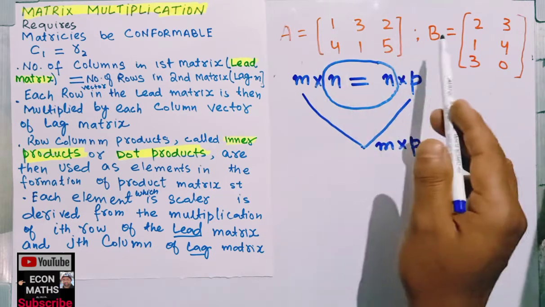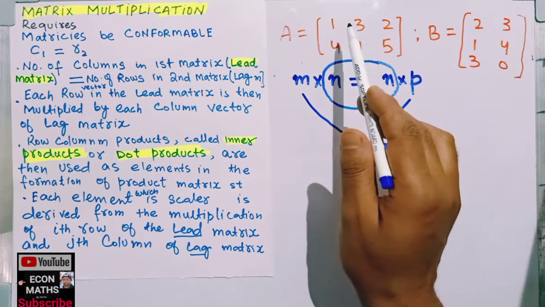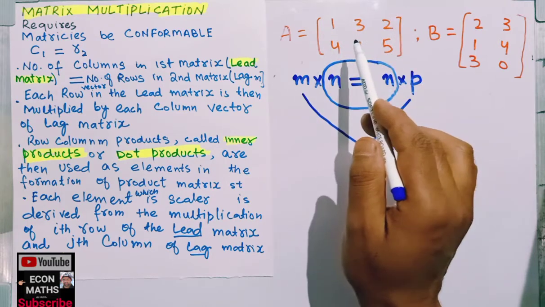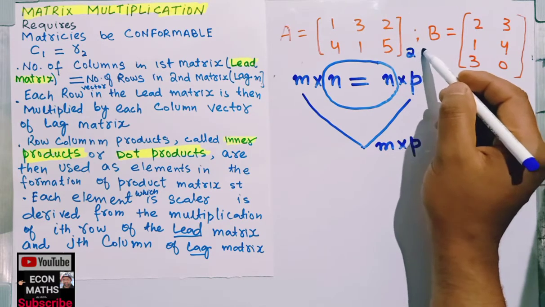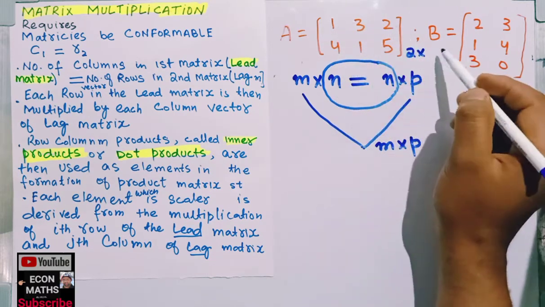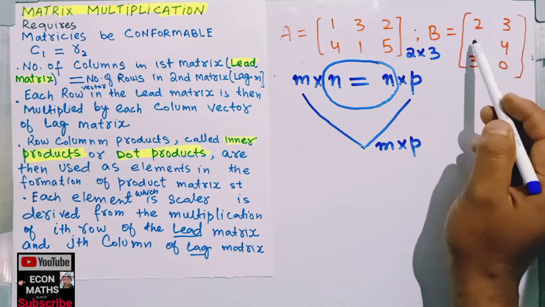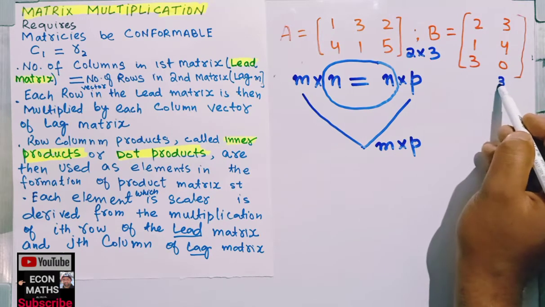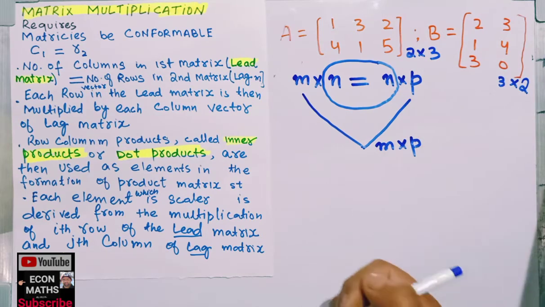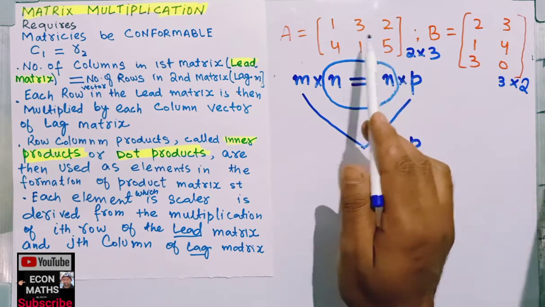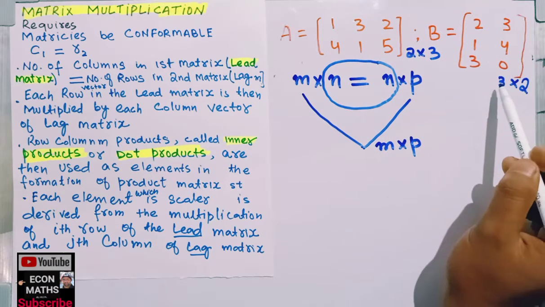Now if we apply this formula on the given example, the dimension of this matrix is: number of rows are 2 and number of columns are 1, 2 and 3. Similarly here the number of rows are 1, 2 and 3, and the number of columns are 1 and 2. So the dimension of this matrix is 2 by 3 and the dimension of this matrix is 3 by 2.